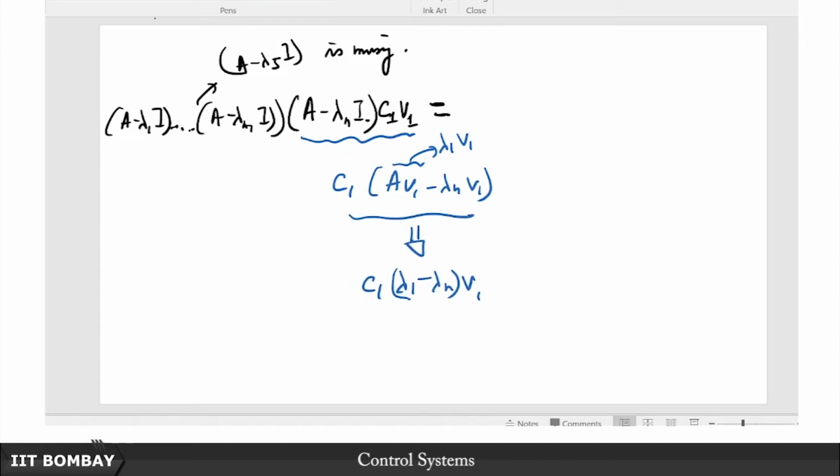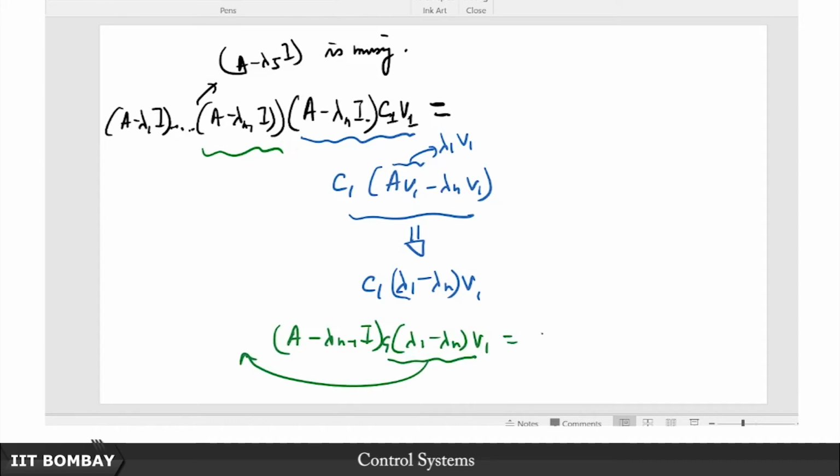Then the next term acts on this, and I get A minus lambda n minus 1 I times C1 lambda 1 minus lambda n times V1. But this part is a scalar now, so I can easily push it ahead and I will get C1 lambda 1 minus lambda n times A minus lambda n minus 1 I times V1. Now again what is this? Remember if I just pop this in here, this A V1 is again going to give me lambda 1.